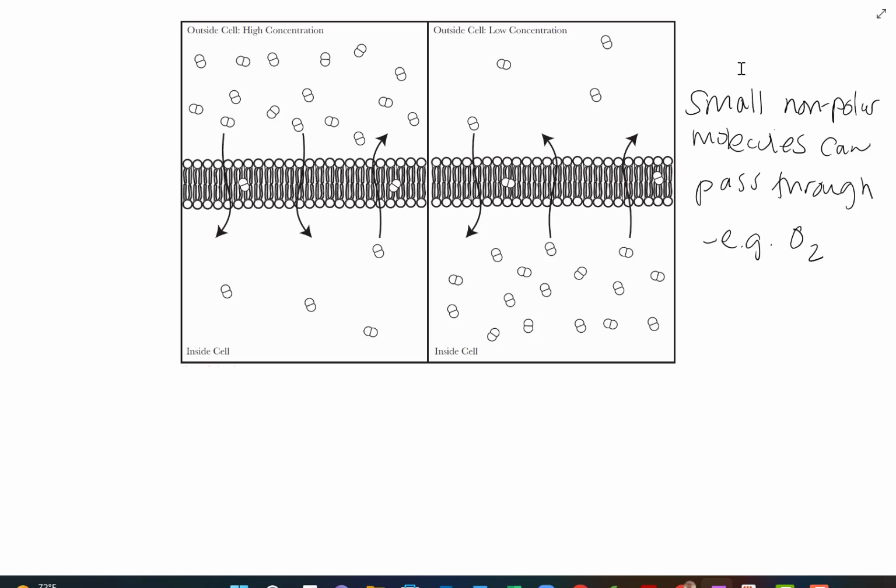Oxygen is a small nonpolar molecule. Carbon dioxide is a small nonpolar molecule that can pass through. So when we're talking about diffusion, we are looking at molecules moving from an area of high concentration to an area of low concentration.